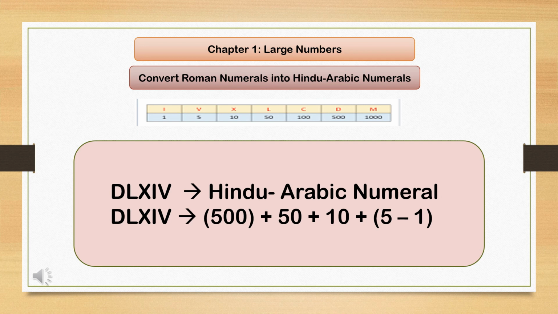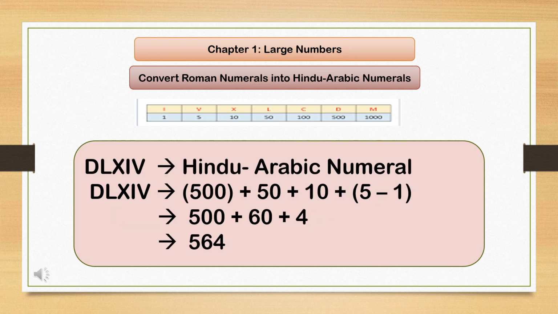Next we have I. Then we have V. Now, when we were learning how to convert Hindu-Arabic numerals into Roman numerals, we learned that if the symbol of a smaller value is placed before the symbol of a value which is greater than the previous symbol, we subtract. So here we will write 5 minus 1. 5 is the value of V and 1 is the value of I.